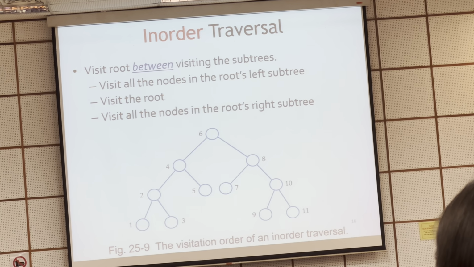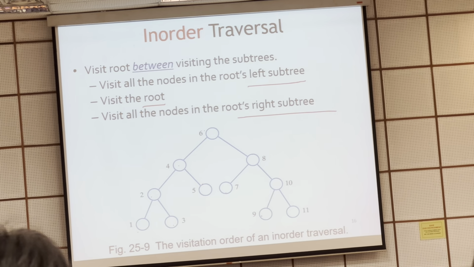If you go to in-order, it is in between. So you visit your left subtree, then root, and then the right subtree. So we go all the way to the left. 1, 2, 3, 4, 5, 6, 7, 8, 9, 10, and 11. If you don't understand this, raise your hand. I can explain again.